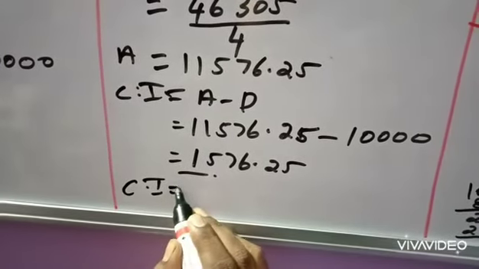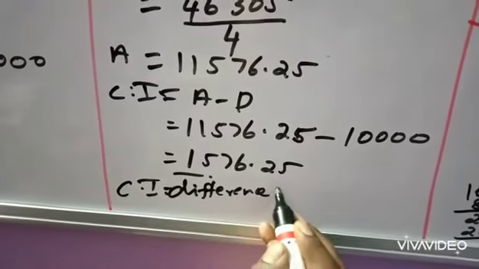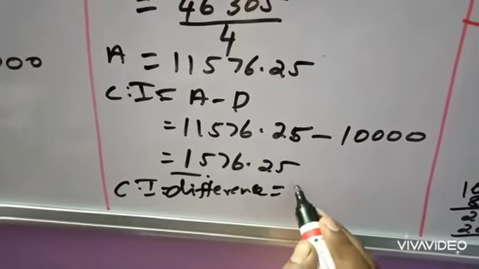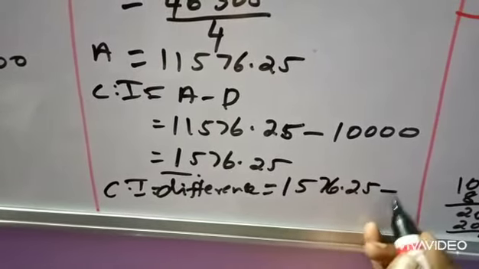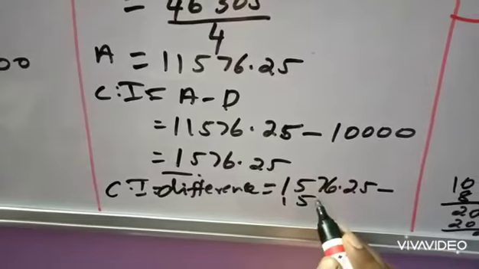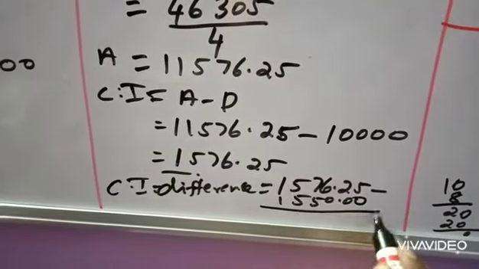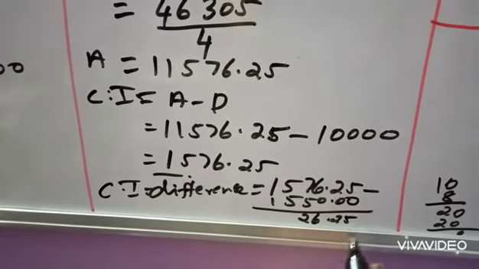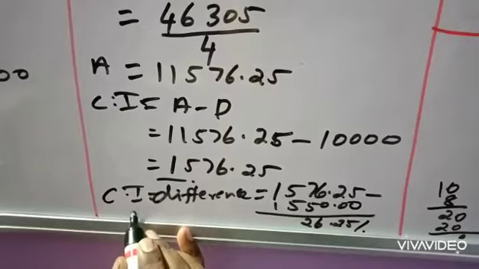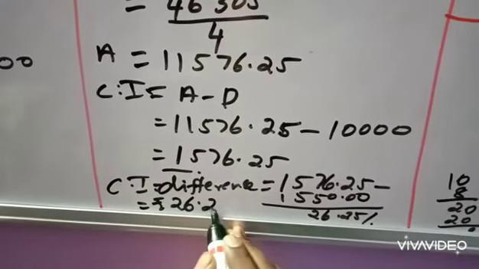Difference equals 1576.25 minus 1550 equals 26.25. This is the difference. So the difference equals rupees 26.25.